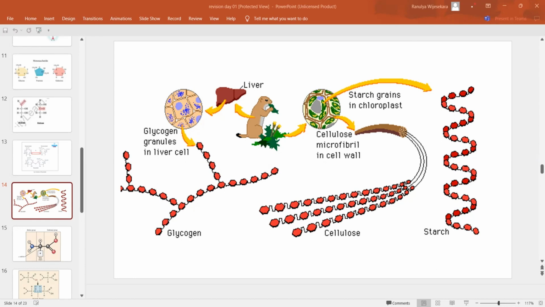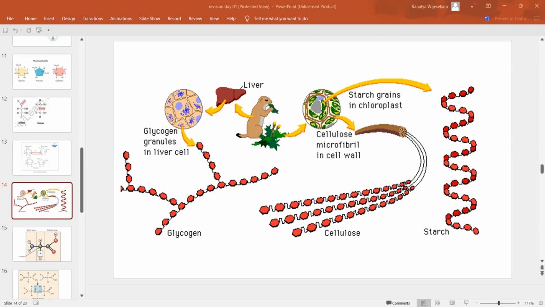Disaccharides are sugars formed by joining two monosaccharides by a glycosidic bond. Disaccharides are sugars formed by joining two monosaccharides, right? Next point, by a glycosidic bond. Okay? Write that.